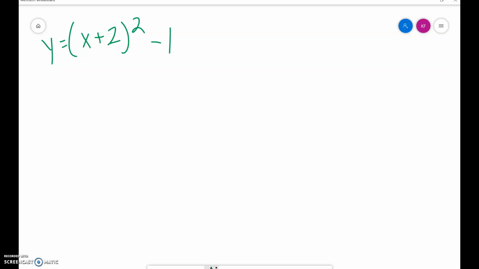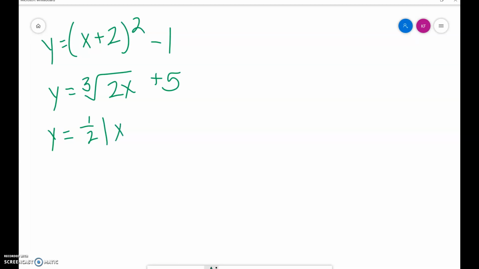Sometimes it's transformations to cube root graphs, y equals the cube root of (2x plus 5). Sometimes it's transformations to absolute value graphs, y equals 1/2 times the absolute value of (x minus 1) plus 3, and so forth. So each of these has a parent function.